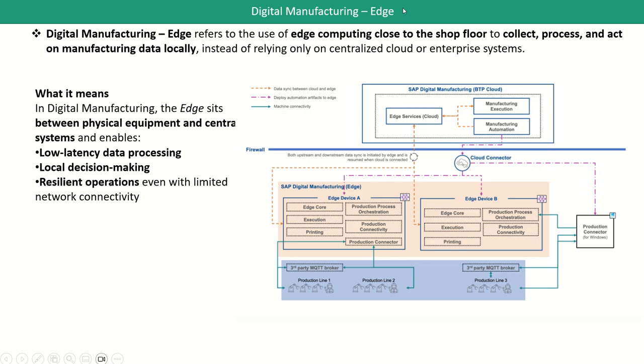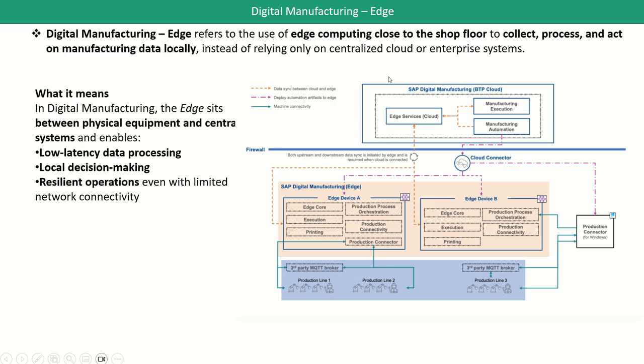In that case, if the digital manufacturing edge capability is not there, the plant will be stopped. So edge devices are mainly used for continuity of production processes and production execution.